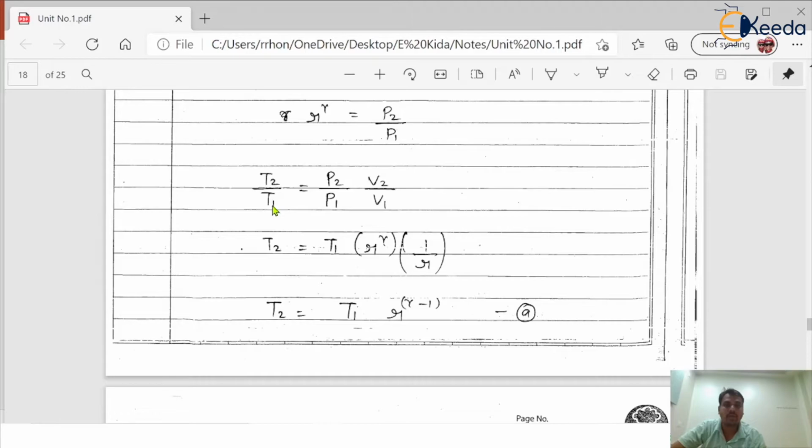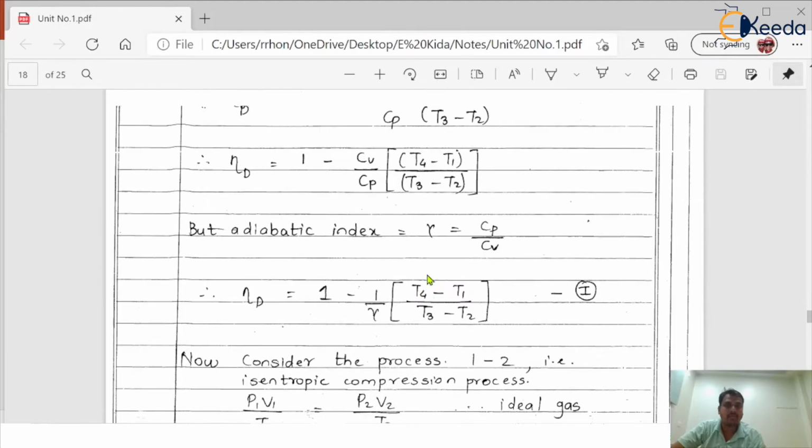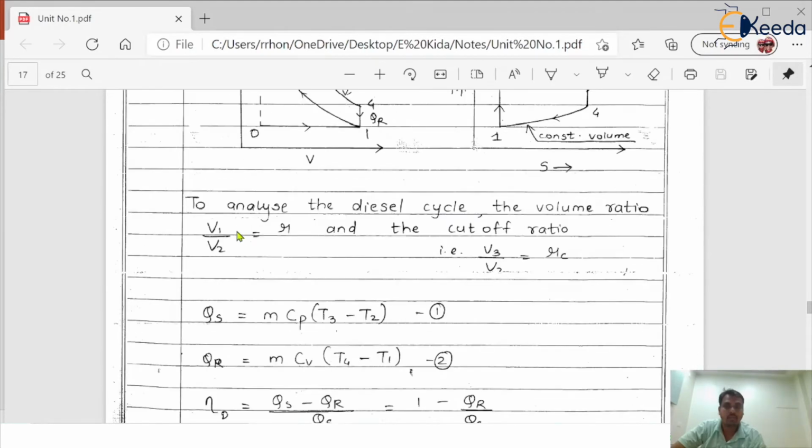T2 is equal to T1, taking T1 down here, into P2 by P1. We already calculated the value of P2 by P1 as r raised to gamma, so put r raised to gamma here instead of P2 by P1, into V2 by V1, which we already discussed is 1 divided by r, since V1 by V2 is equal to r itself.